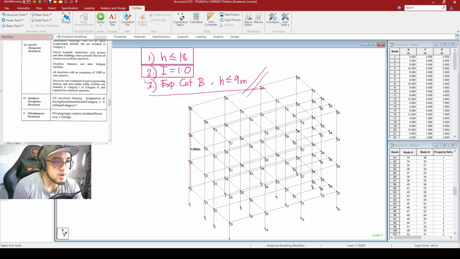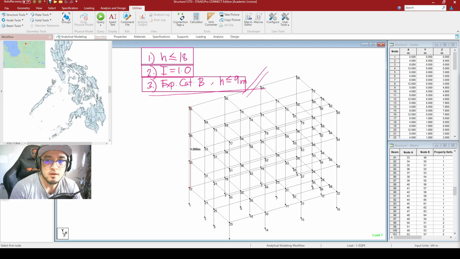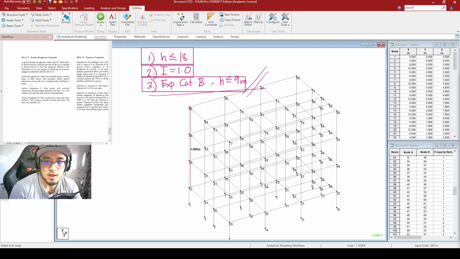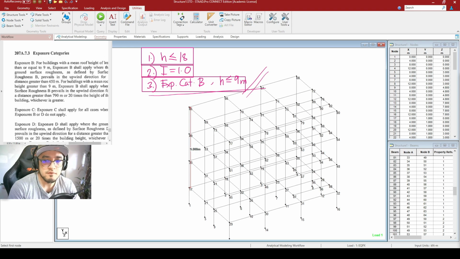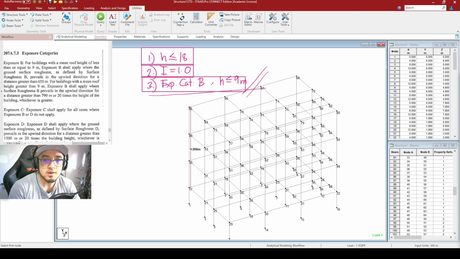And as for this number 3 right here, for exposure category B, once again, looking at the PDF file to your left, exposure category B shall apply where the ground surface roughness as defined by surface roughness B prevails in the upwind direction.